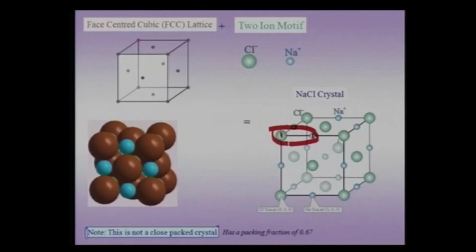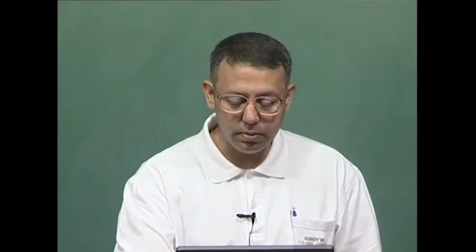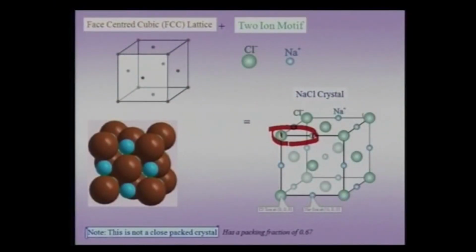In this case, it is perhaps somewhat simple to visualize how this kind of motif decorates this lattice, but in certain other cases it may not be that obvious and a little visualization is required. So, please spend some time over this particular structure to understand how it is made up of this lattice and the motif as shown.